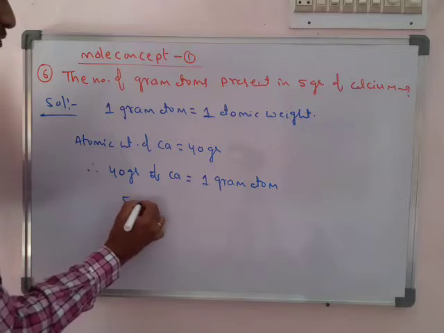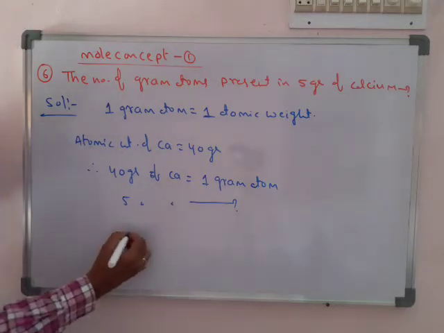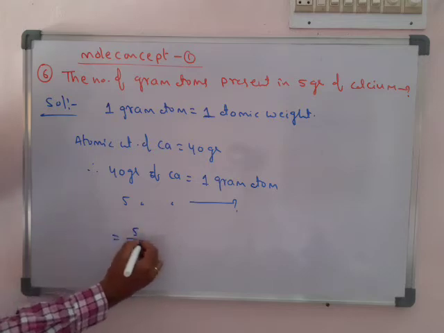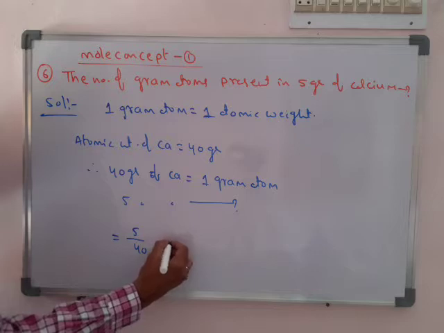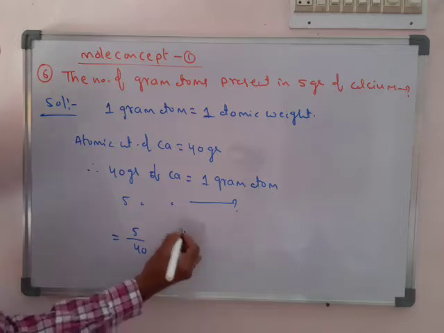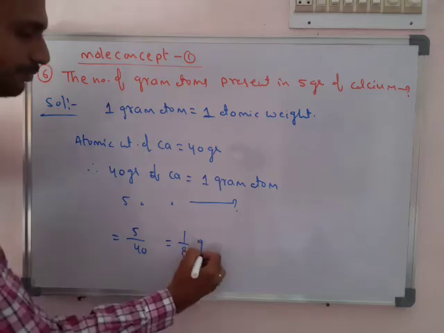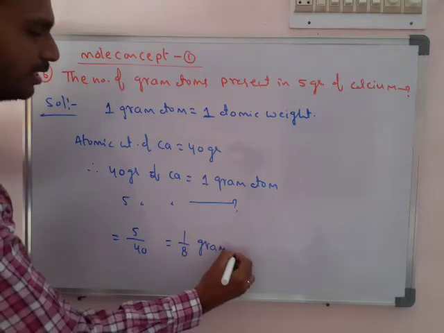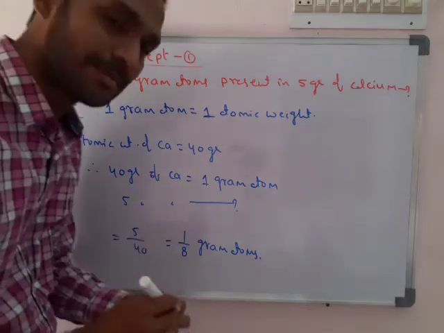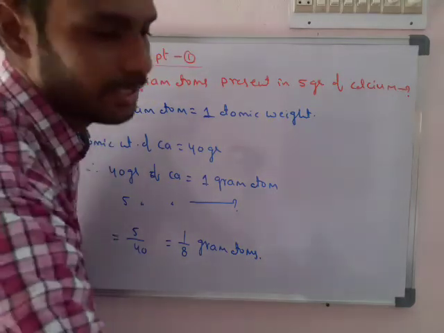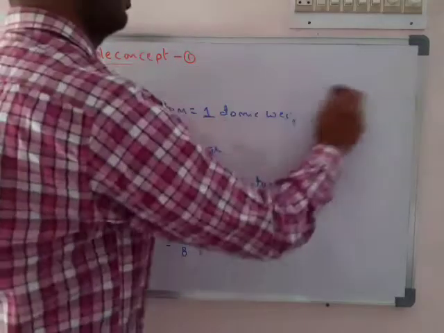Then what about 5 grams of calcium? That is equal to 1 by 8. So 1 by 8 gram atoms are present in the given mass of the element. I think in the options this is directly given.